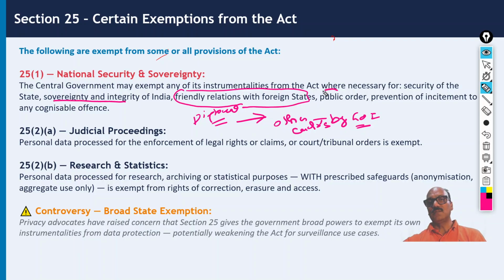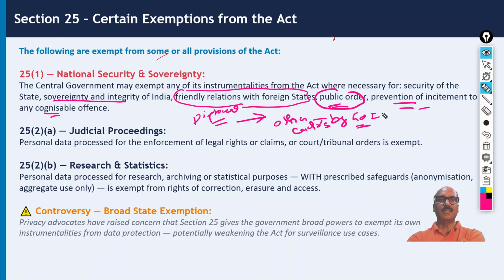Even the police authority, to maintain public order and prevent crime, will identify certain elements in the society, and they keep track of their telephone calls, complete surveillance, biometric mapping, everything they have to do for the purpose of public order, or prevention of incitement of any cognizable offences.